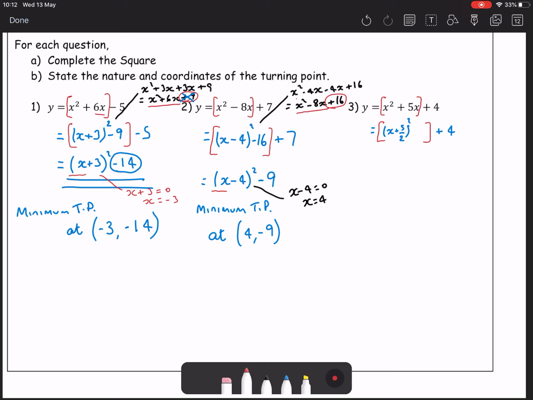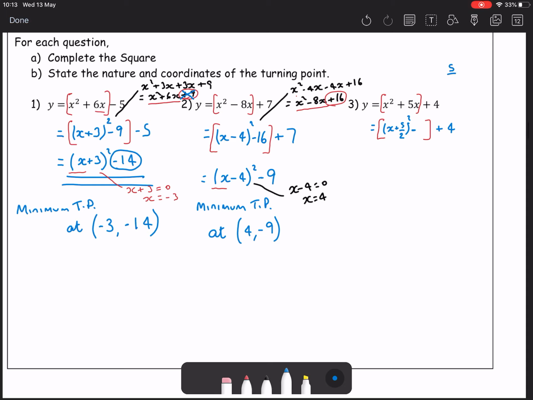And in this case, as in the previous examples, I always take away this 5 over 2 squared. And in this case, if I go 5 over 2, and I'm looking to square, that's 25 over 4. Indices rule, square the top and square the bottom.